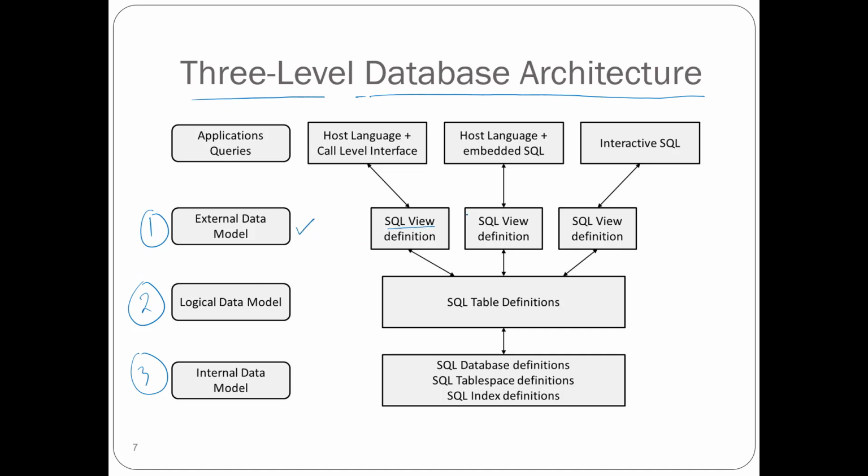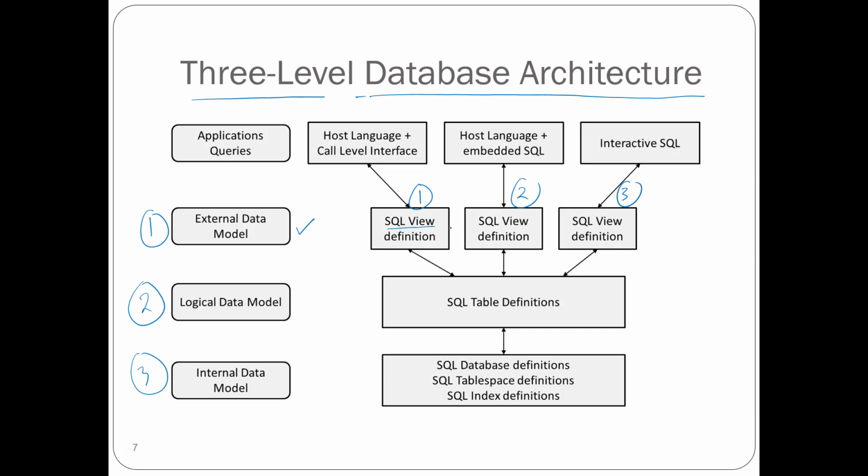In this picture, we have three different views, which you can think of as view 1, view 2, view 3. The purpose of the view, which helps us in designing the external data model, is to customize the database to different classes of database users.